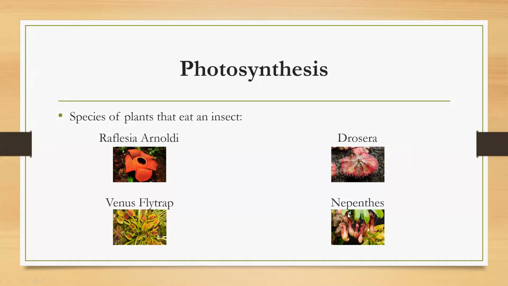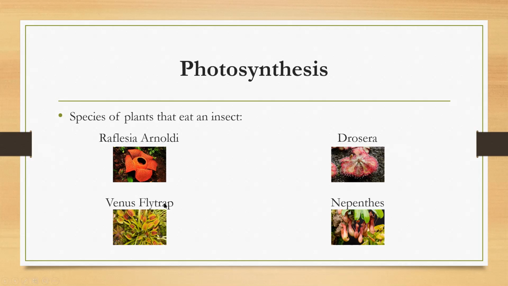And the last is Nepenthes, or in Indonesia we call it kantong semar. Maybe we know that in Nepenthes there is some liquid, and the function of this liquid is to kill the insects that enter the Nepenthes.